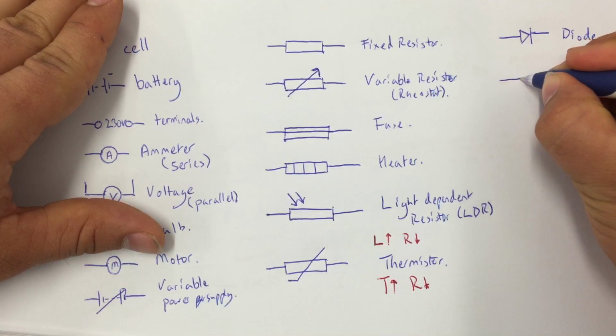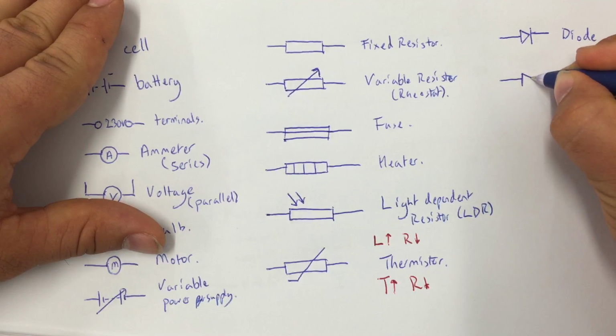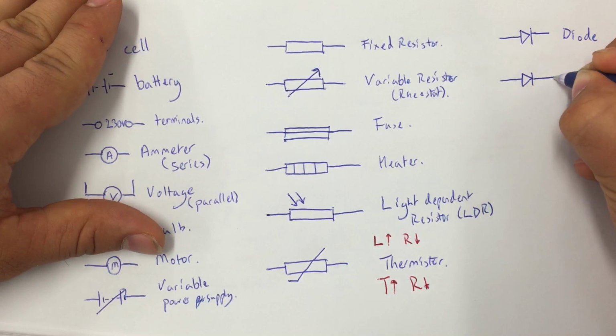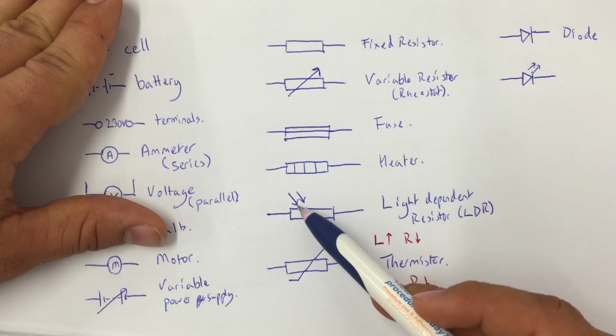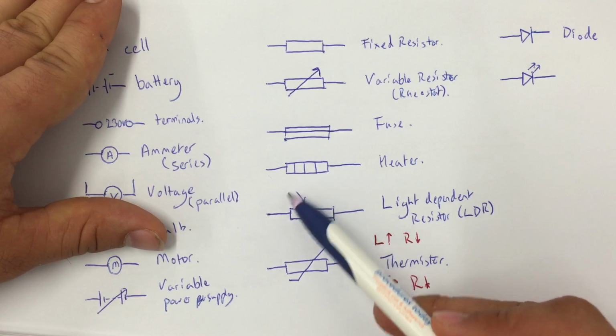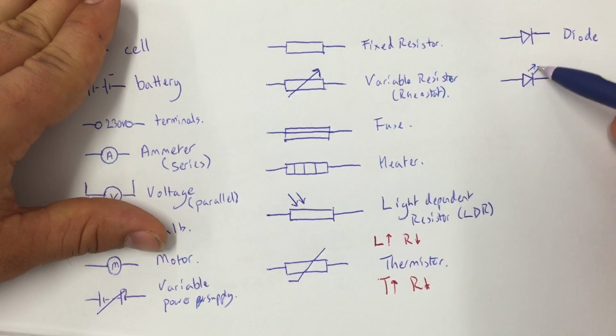Now, there's a type of diode that you will probably be familiar with without realizing it, because this is a diode that emits light. And you'll notice that over here where light comes into a component, it comes in at the top left. But when it's emitted, it comes out at the top right.